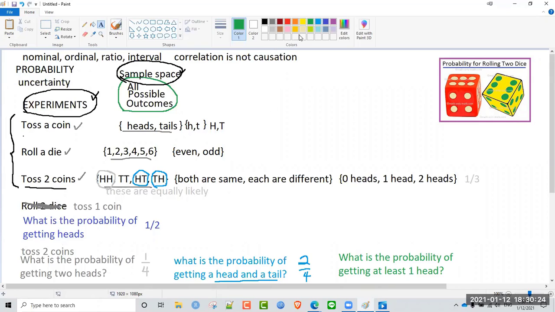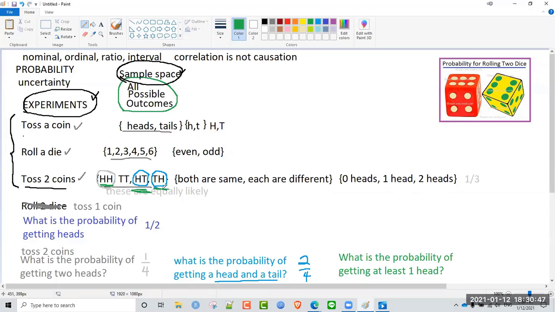So let's look at it again. Is there at least 1 head here? Yes. Is there at least 1 head here? No. How about here? Yes. And how about here? Yes.